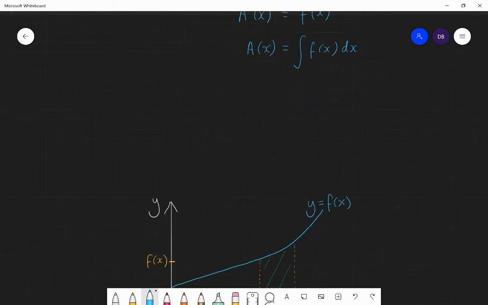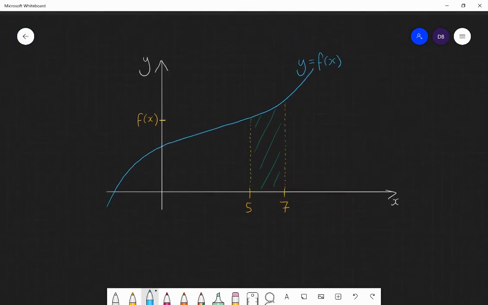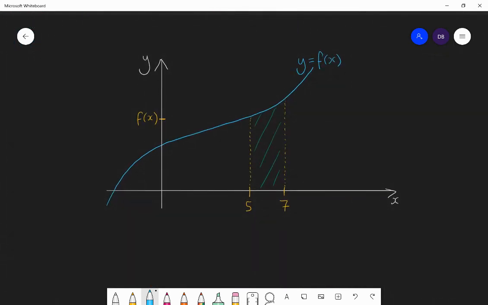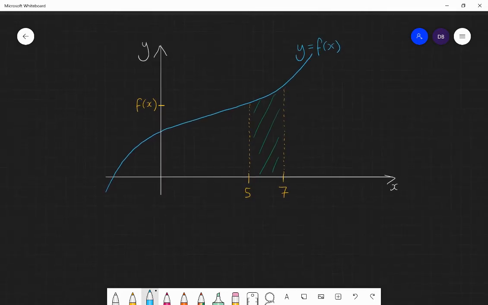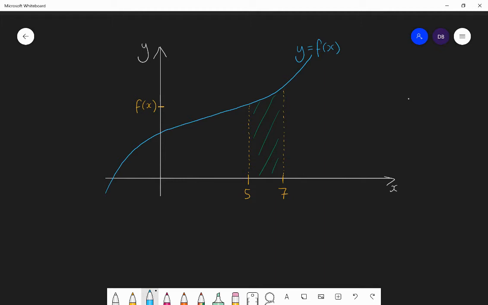So if I wanted, therefore, this area here between 5 and 7, then really this is the area up to 7 subtract the area up to 5.